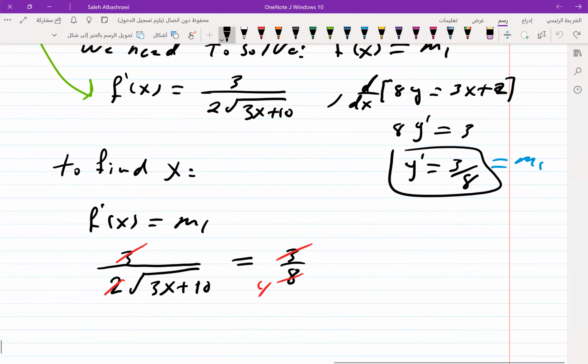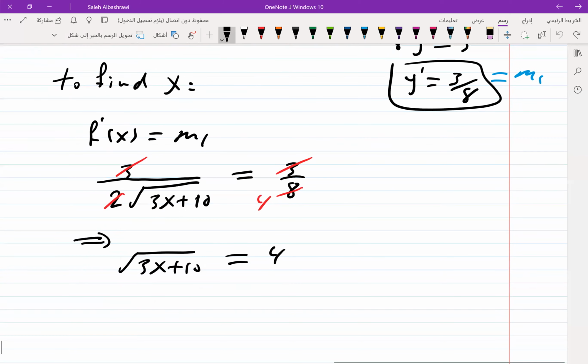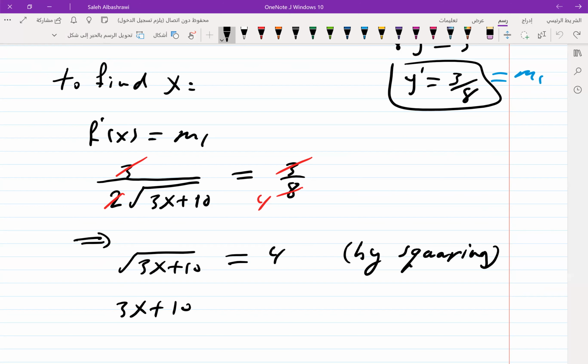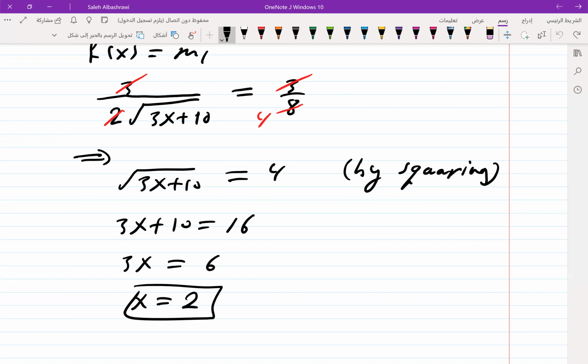Then by cross multiplication, it is square root of 3x plus 10 equal to 4. To find the value of x, just square both sides. I will have 3x plus 10 equal to 16, or 3x will equal to 6, then x will be 2. So x equal to 2.